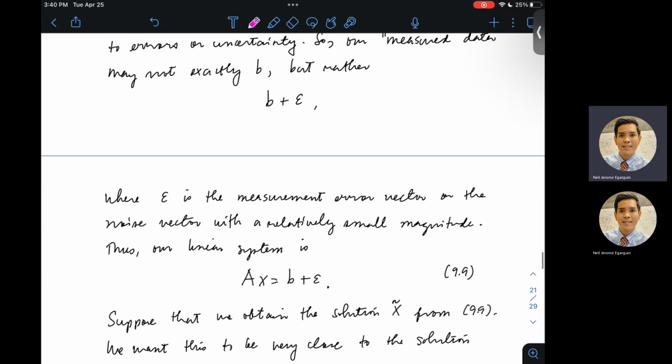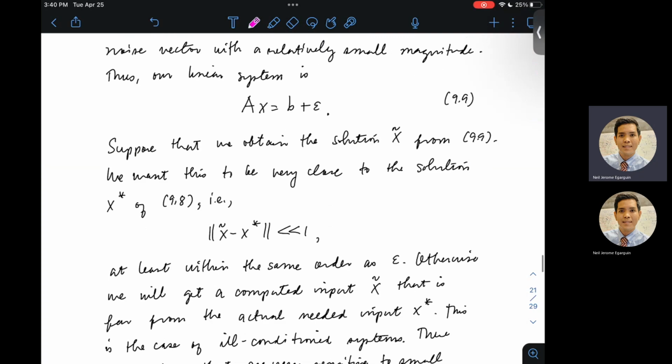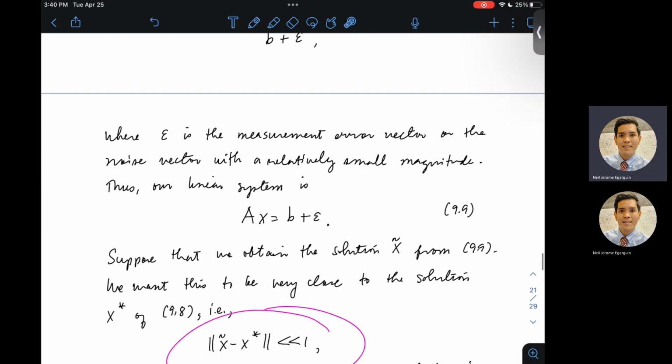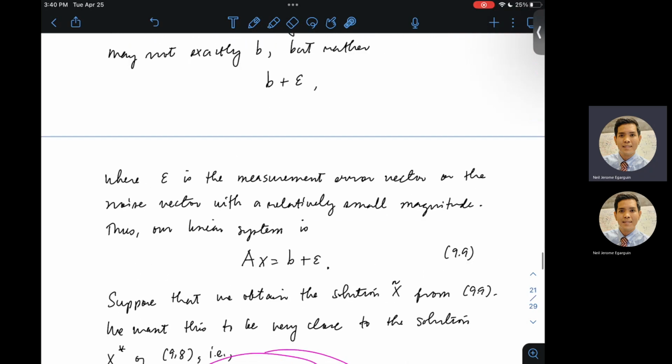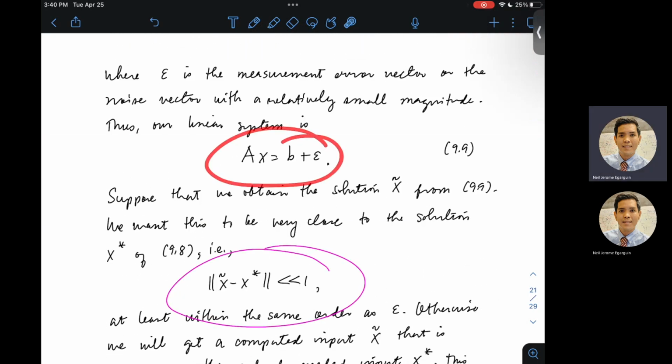Then I just mention here what I said to you earlier, and this is what we want. The actual solution is called X star, and here the solution from the noisy system is X tilde. So we want the solution from the noisy system, the system that is tainted by measurement error, to be as close as possible to the ideal solution whenever the measurement error is relatively small, right?